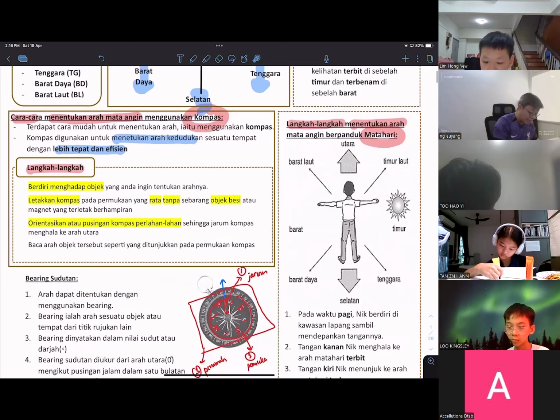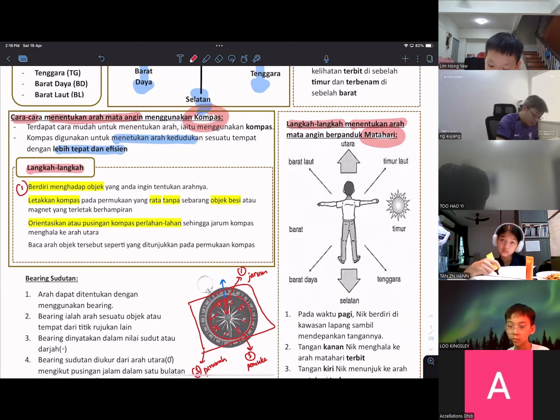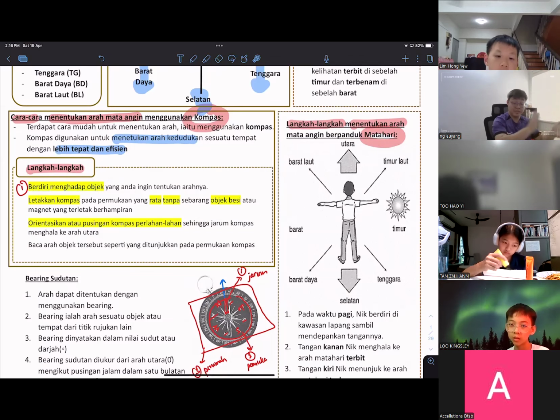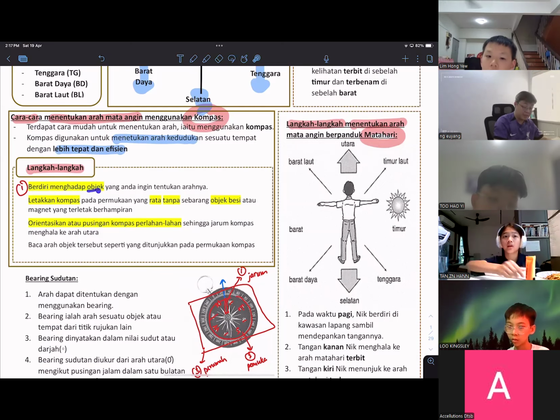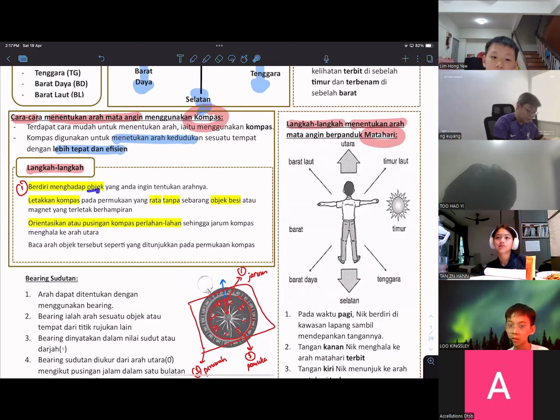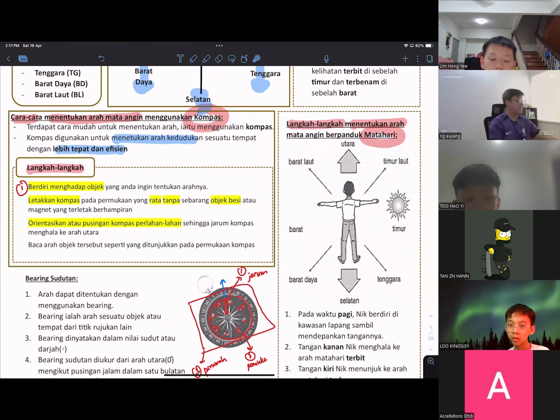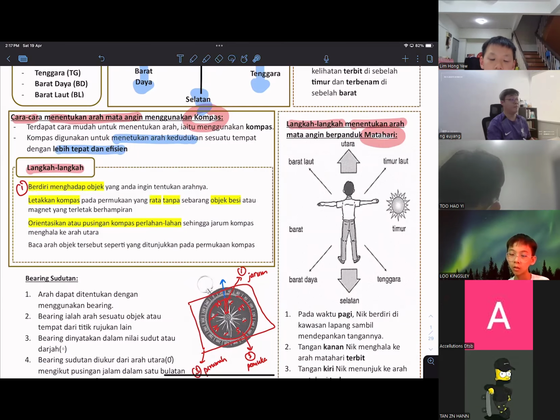Okay, so the langkah-langkah is, first one, we are standing facing the object or the arah we want to face. Object is better for the textbook keyword. So berdiri menghadapi objek yang ingin ditentukan arah. So let's say I wanted to go to Sunway Pyramid. I'm standing at the rooftop, looking towards Sunway Pyramid and the other buildings.